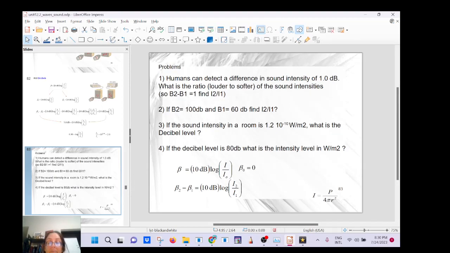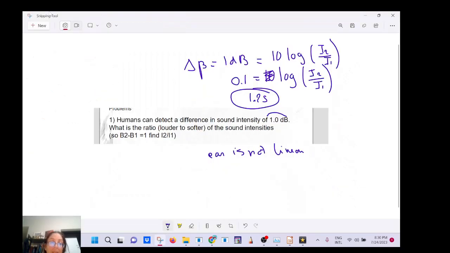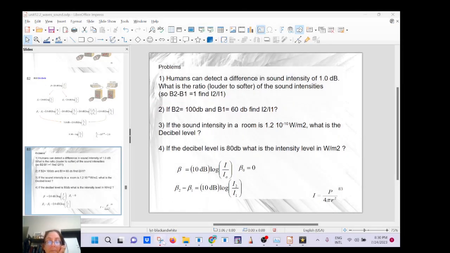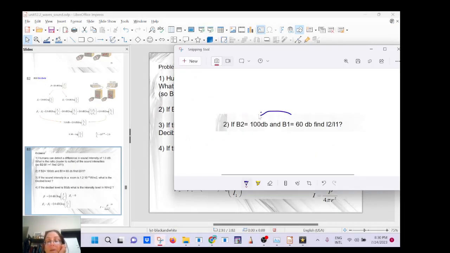So here, between 60 and 100 decibel, so decibel, you add. So between 60 and 100, you add 40. So if you add 10 for the decibel, you multiply the intensity by 10.